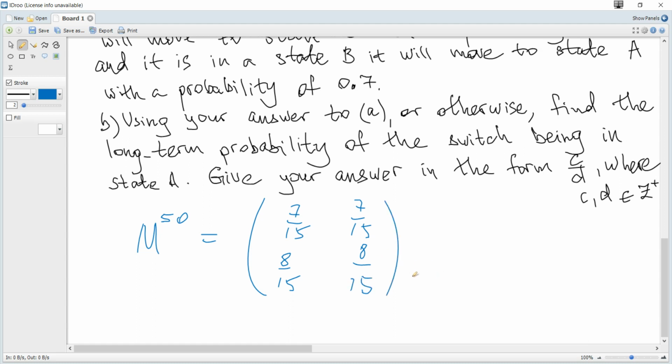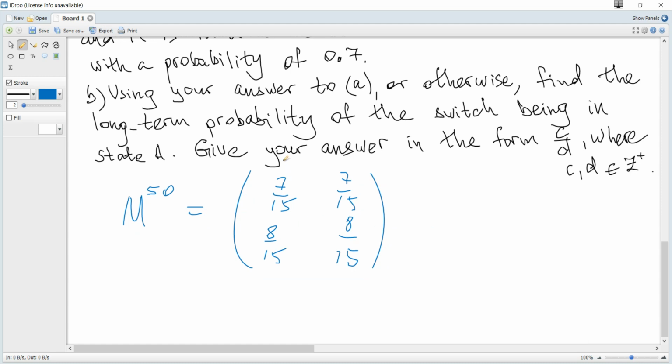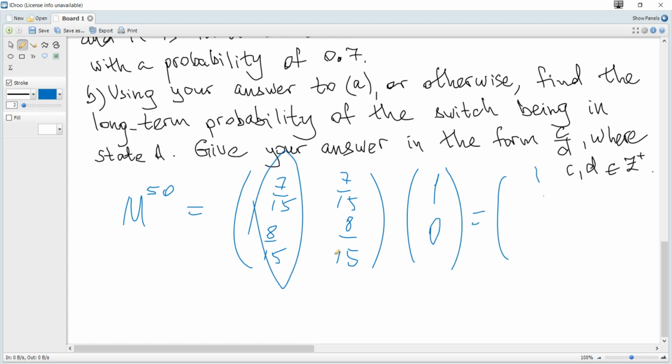There must be equal columns, and it's the steady state vector, and you can see it is scaled to 1 in terms of probability. And here you can see that if you multiply by 1, 0, if the initial state is 1, 0, you get this, or if it's 0, 1, you get the same.